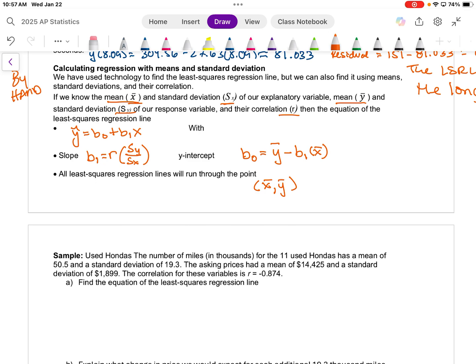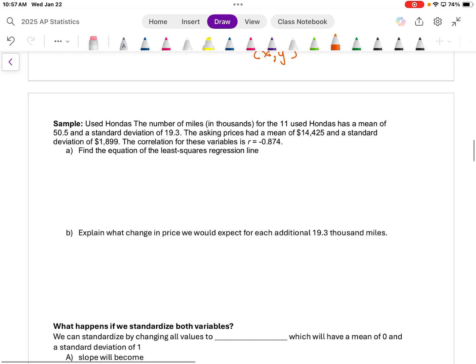Let's see how much we get through today. So let's practice it. It says used Hondas: the number of miles in thousands for 11 used Hondas has a mean. Because we said miles was x and price was y, the miles driven was the explanatory variable. So I'm going to write down here, x bar is equal to 50.5.